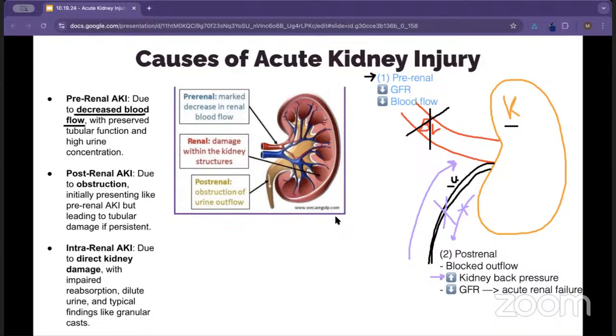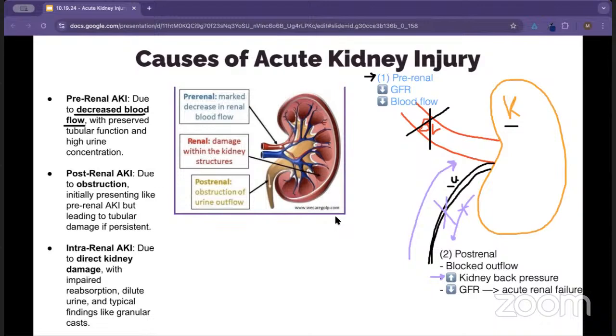An obstruction that leads to back pressure in the kidney tubules would maintain a high BUN ratio but intact tubular function. But if the obstruction persists, like if that kidney stone is not removed, then tubular damage occurs, leading to decreased ability to reabsorb sodium and water. In the early stages, urine concentration remains high, with osmolality over 500, but with prolonged obstruction, the urine concentration decreases and the FeNA rises above 2%.